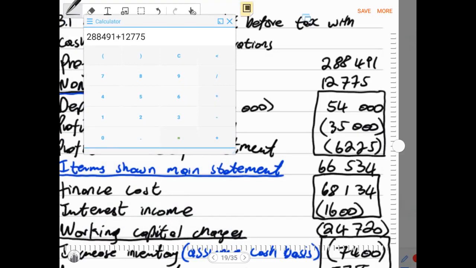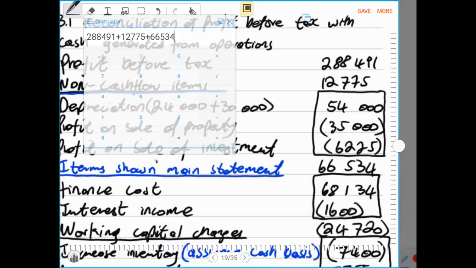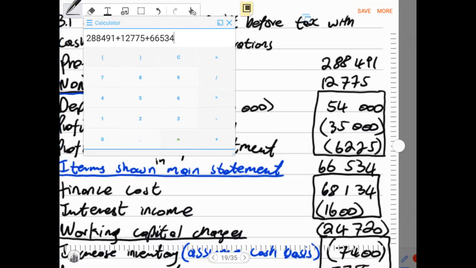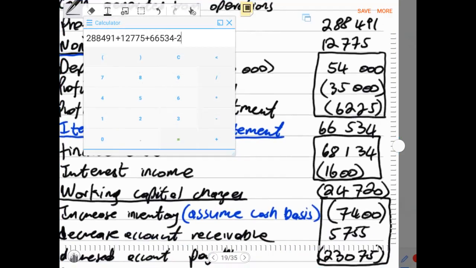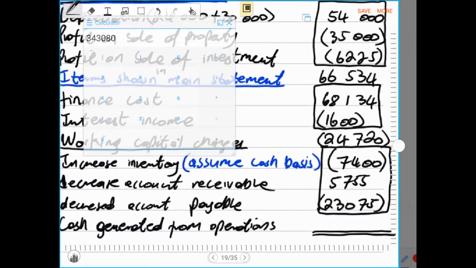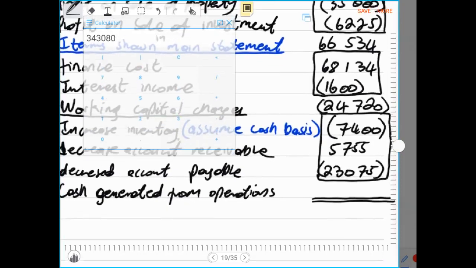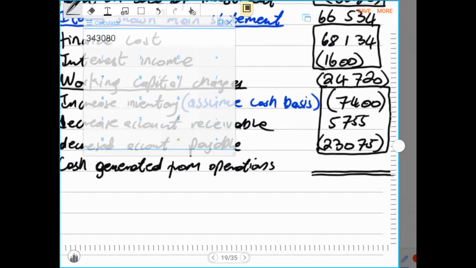Then after, we add 66,534, which is items shown in the main statement. Then after, we subtract the working capital changes, 24,720, and that gives us 243,080 as our cash generated from operation.